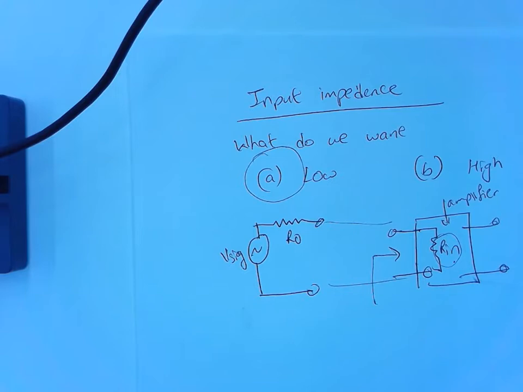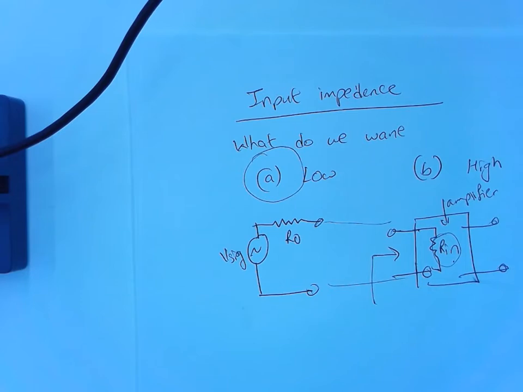You know how with Norton and Thevenin, for a voltage source, you want the resistor to be low. Yeah, for current you want the resistor to be high, and for voltage you want the resistor to be low.